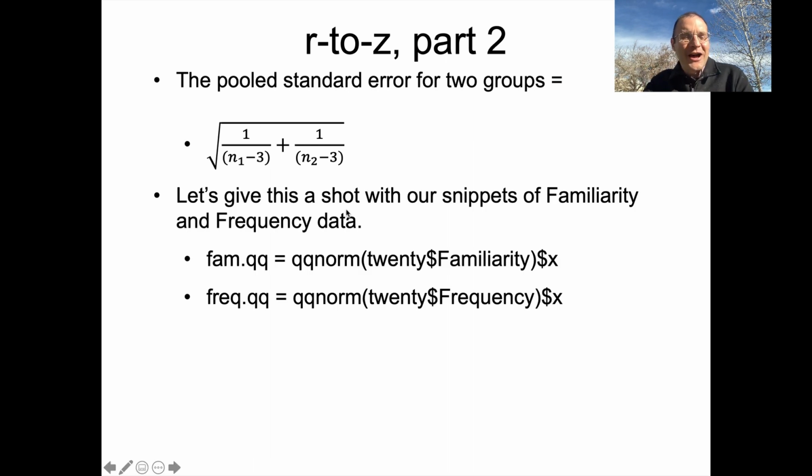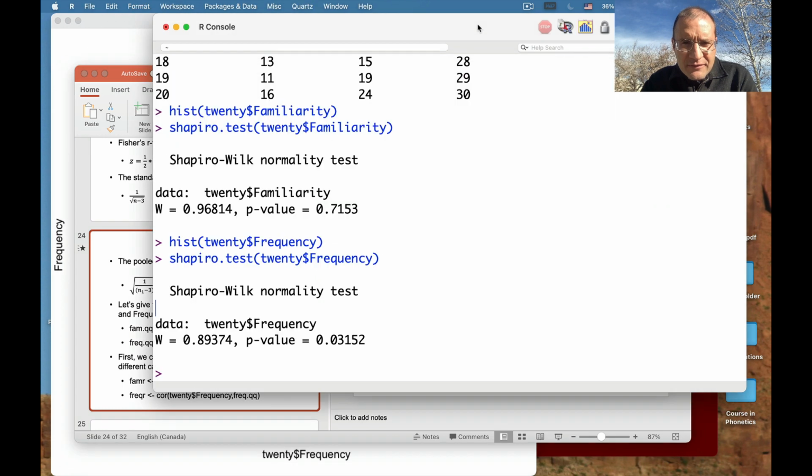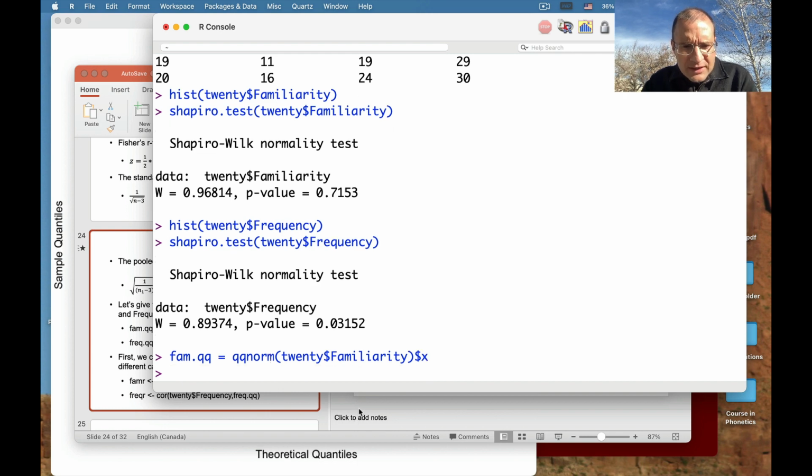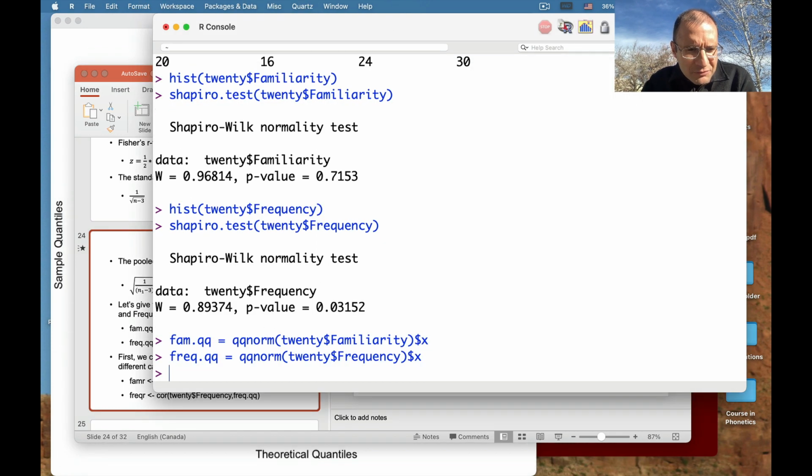So I want to give this a shot with our snippets of familiarity and frequency data. The first thing is that I'm going to sort out those theoretical QQ or quantile values for both distributions, and I'll call them fam QQ and freak QQ for whatever that's worth.